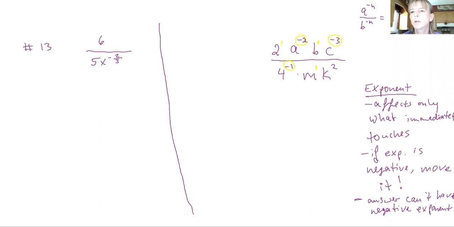But the thing is, it only moves the thing that has the negative exponent. So this thing here has a negative exponent. I'm going to say this is a guy who has a bad attitude, because exponents are attitudes.